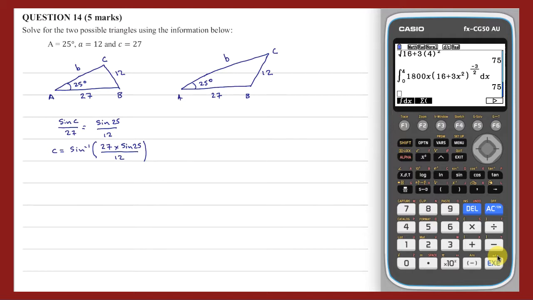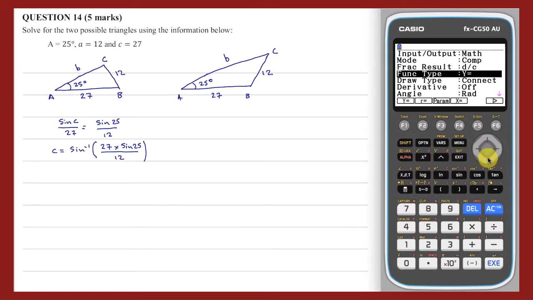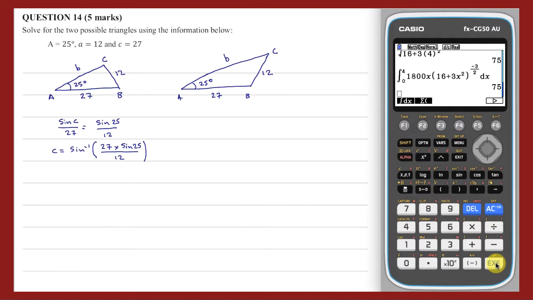Before I evaluate it, I will need to change my angle measure from radians to degrees. Do this by opening the Setup menu via Shift and the menu key, arrow down to Angle, select Degrees. Now enter the expression to be evaluated.